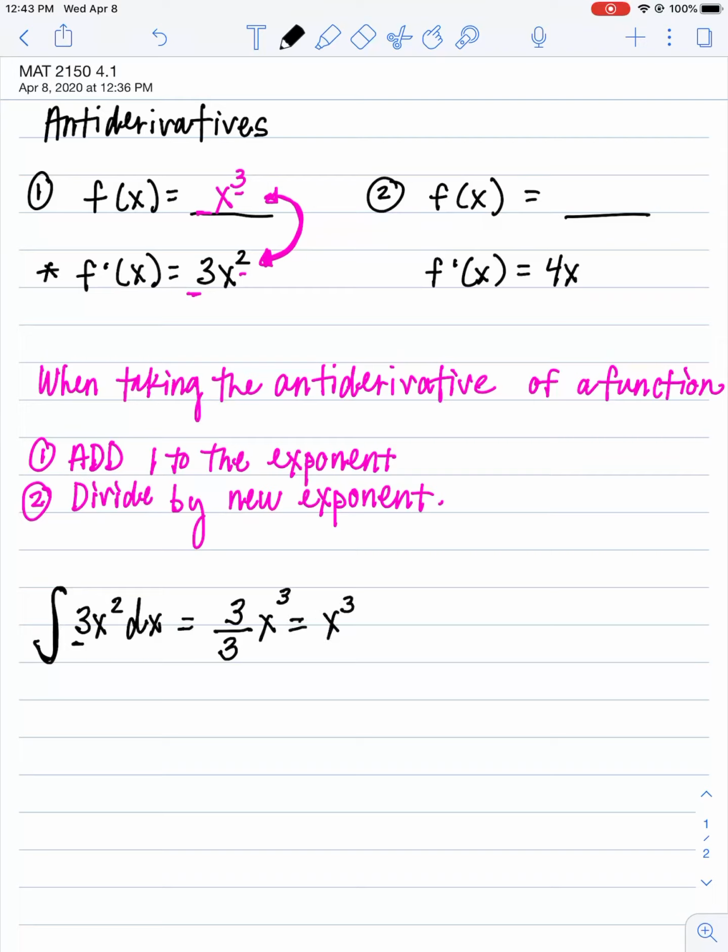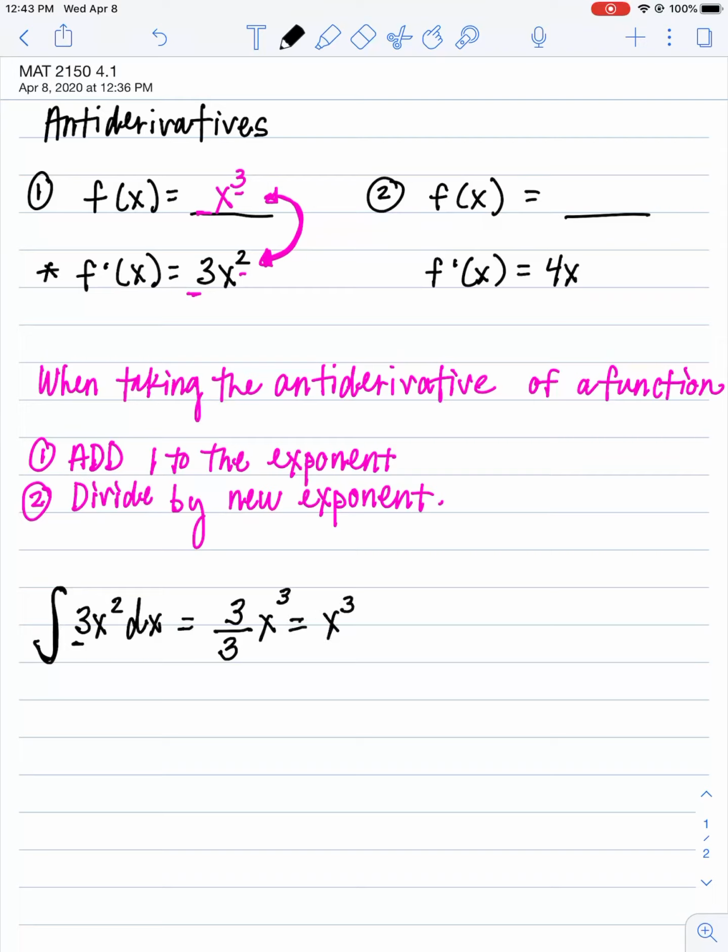Let me talk about this, though. If you looked at the video on the Khan Academy, which I sure hope you did, if I go back up here to my original problem, x cubed plus 1 could have also been the answer, because the derivative of x cubed is 3x squared, and we know the derivative of 1 is 0.